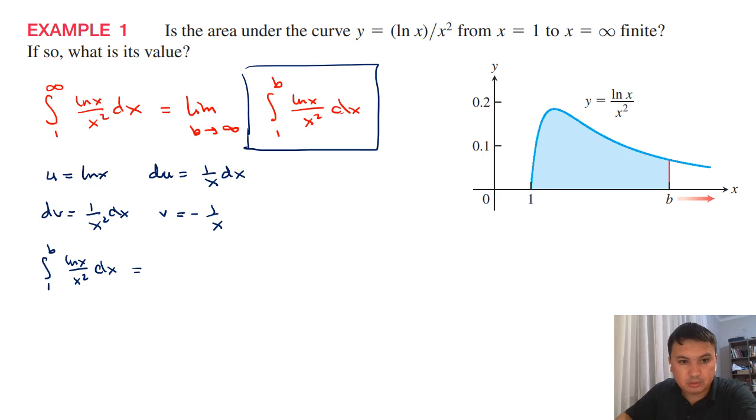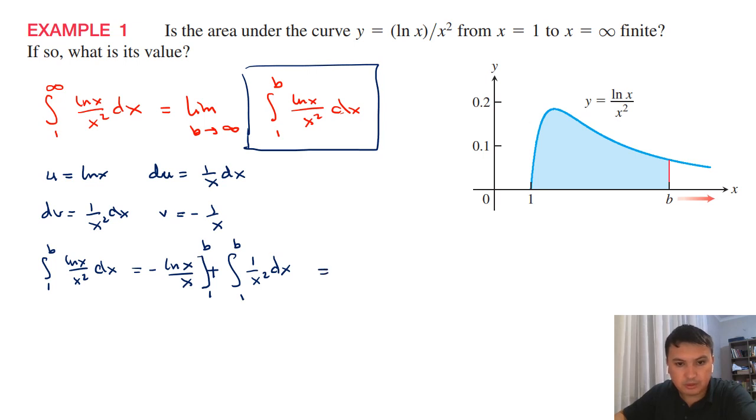Well, this is uv, so minus ln x over x, minus the integral of v du, so minus minus is going to be plus 1 over x squared dx, and the limits of integration here are evaluated from 1 to b.